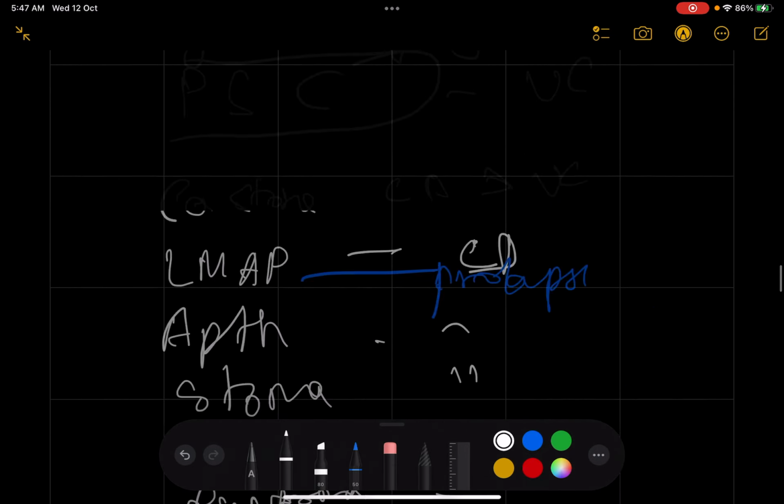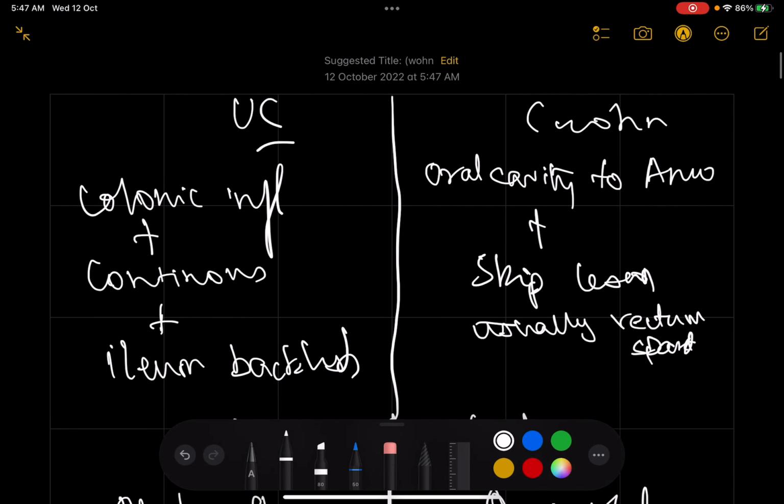So once we've spoken about all of this, let me just recap the entire thing with you again. Crohn's disease can occur in any part. Ulcerative colitis is only colonic inflammation. Crohn's is usually ileocolonic. Ulcerative colitis is pancolitis or rectal involvement. Transmural inflammation is seen in Crohn's and can lead to fistulas, cobblestoning, creeping fat, as I've already said.